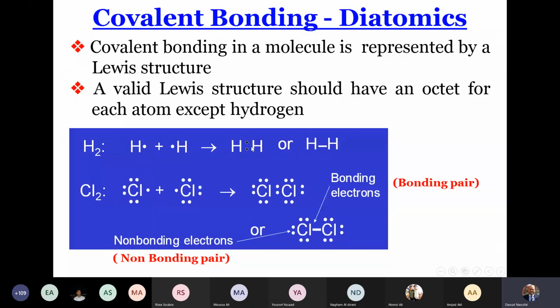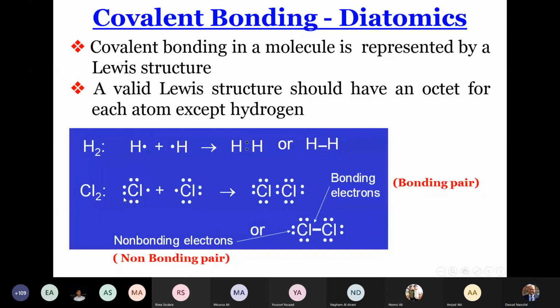And the hydrogen follows the duet rule and not the octet rule. So these electrons are called bonding electrons or bonding pair and can be represented by 2 dots, but we prefer to use the dash for bonding electrons.